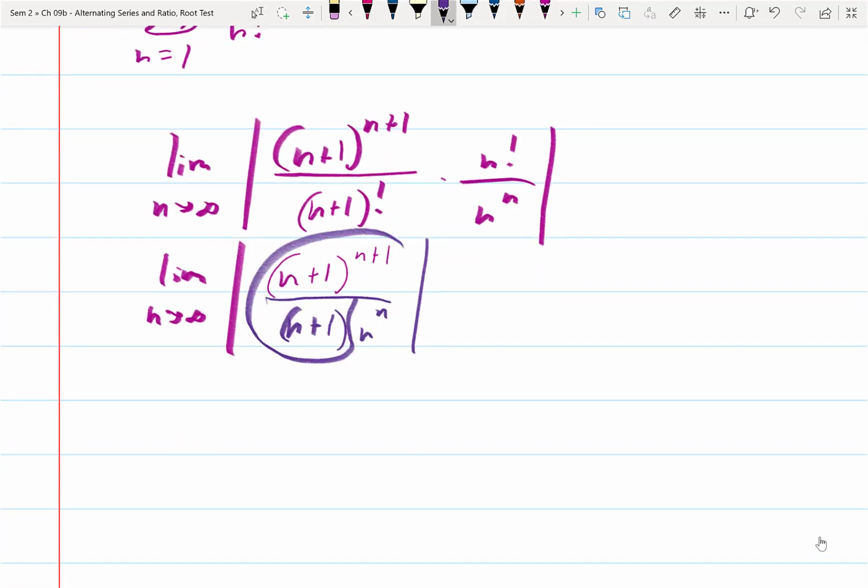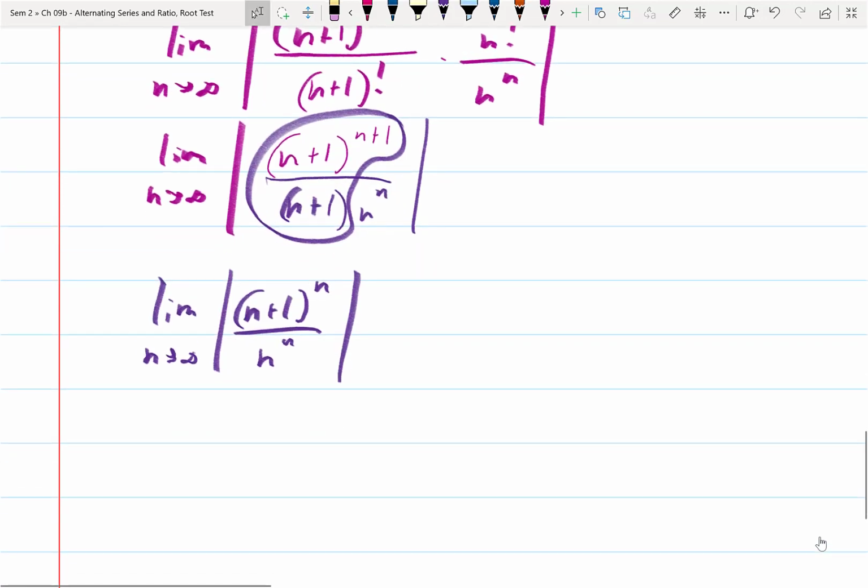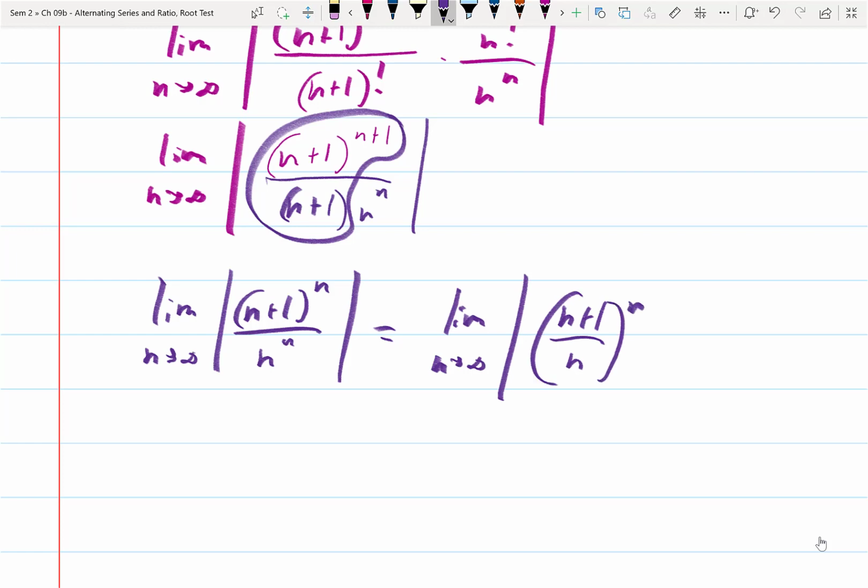Now I'm going to look at these. That is going to give me just n plus 1 to the n over n to the n, which means that if I pull that n out, I have the limit as n approaches infinity of n plus 1 over n raised to the n.